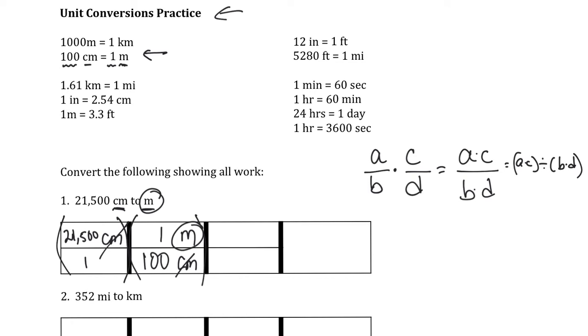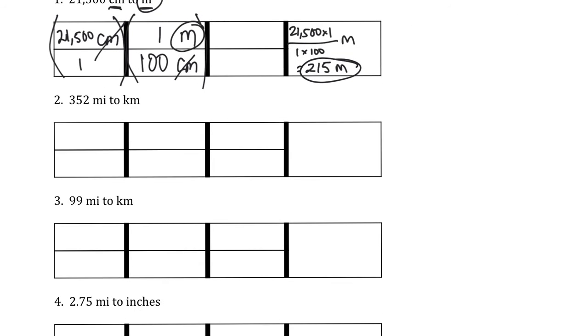So now the top is 21,500 times 1, and the bottom is 1 times 100, and the unit we have left is meters. And so to process that in our calculator, we multiply the stuff on top, multiply the stuff on bottom, and we get 215 meters.